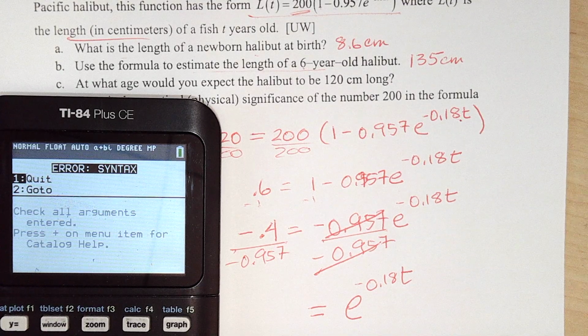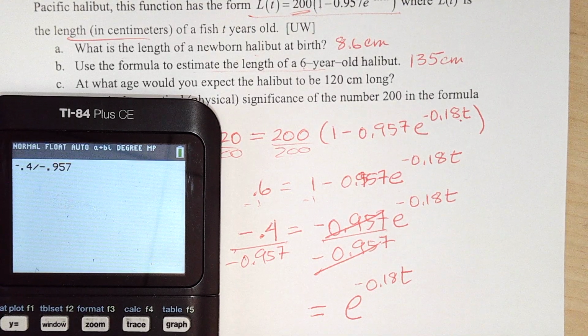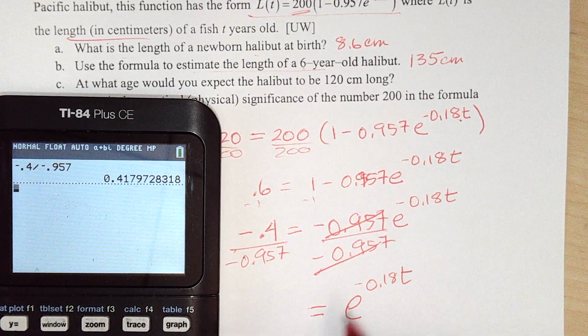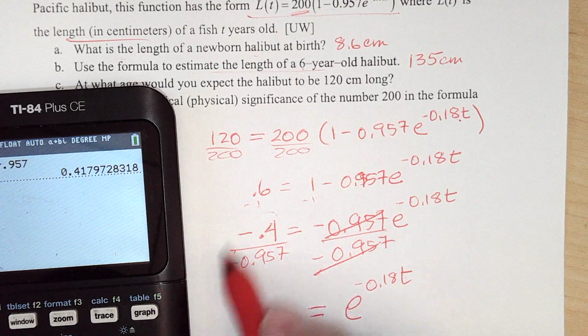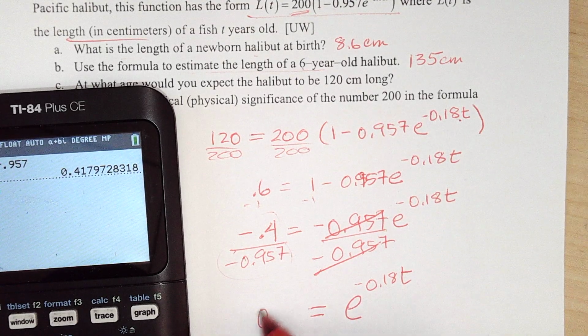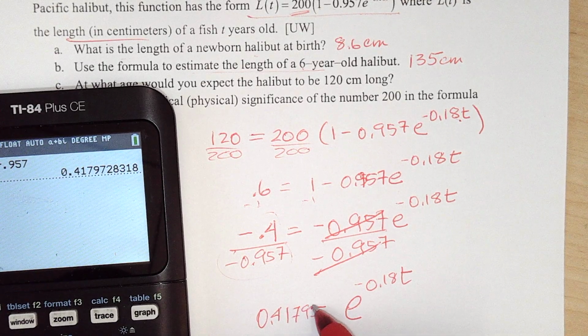Oh, I'll go to my problem and change that to a negative, not a subtract. So this becomes 0.41797, blah, blah, blah.